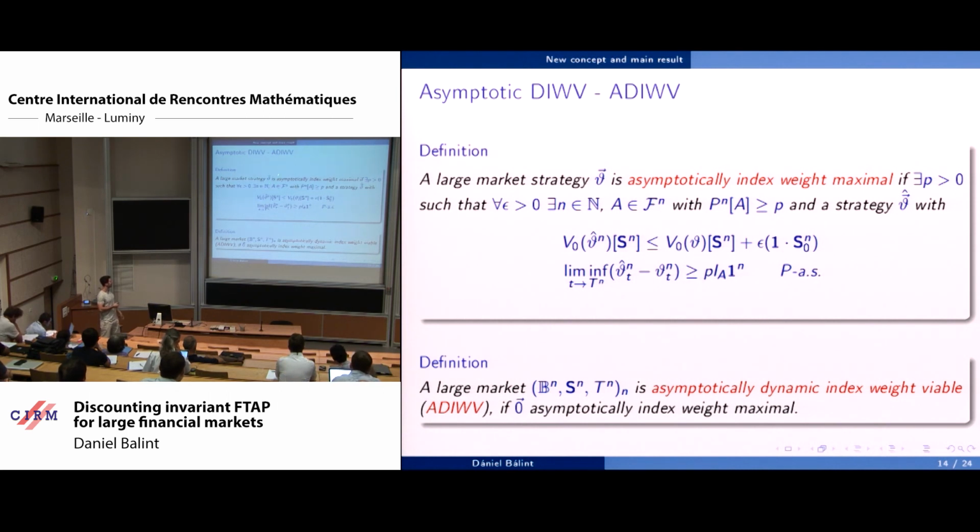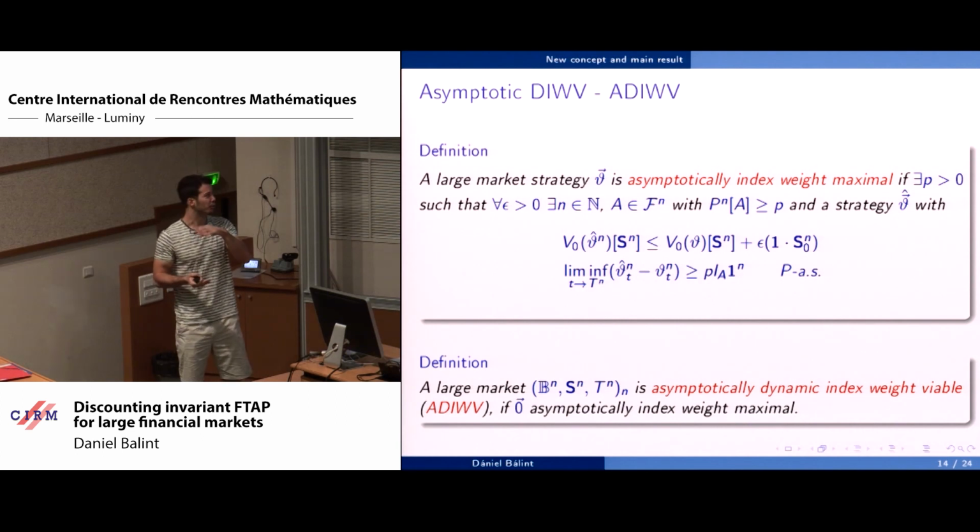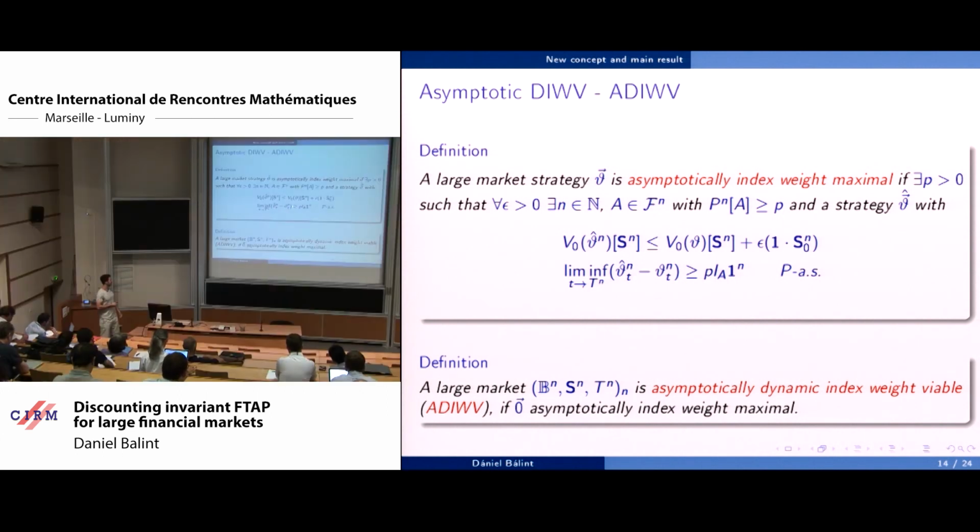A large market strategy is asymptotically index weight maximal if there is a positive P such that for every epsilon there is a small market indexed by n and a set in the small market which has a measure at least P and a dominating strategy which at the beginning has almost no more value than theta, and at the end super replicates theta plus P times the indicator of this set times the market portfolio. So this is basically again our good portfolio.